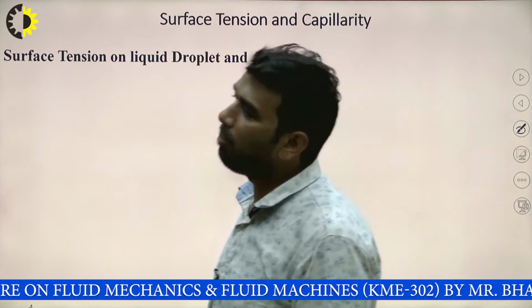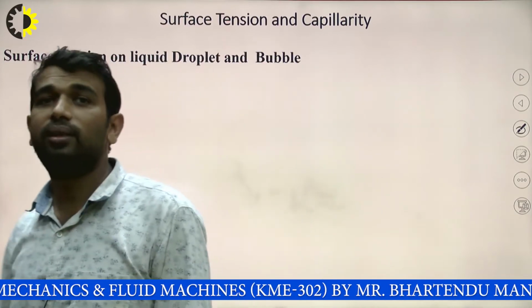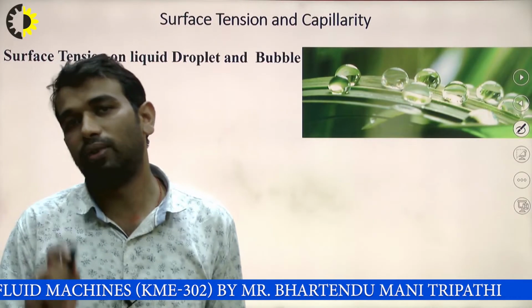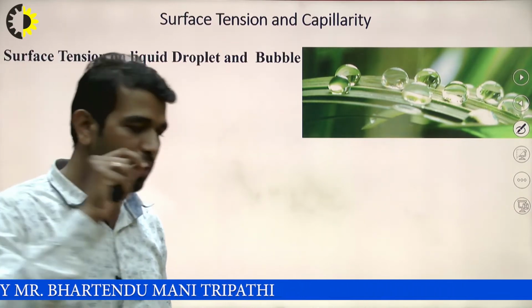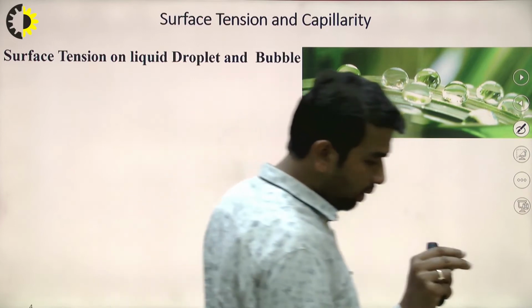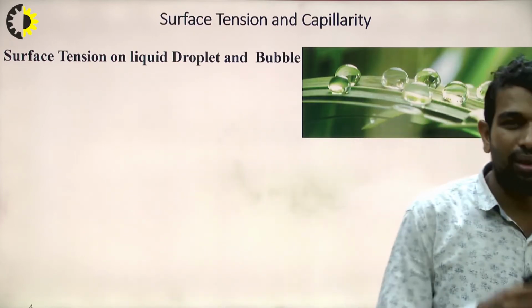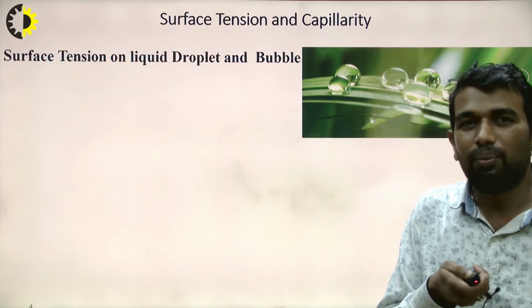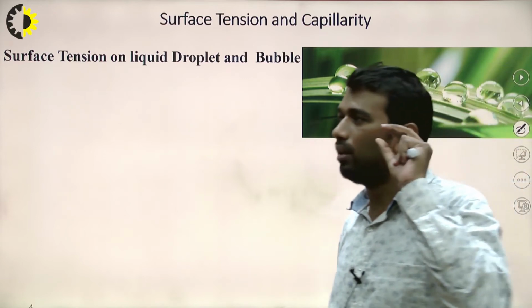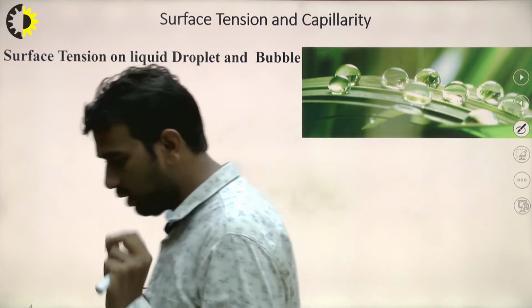Another example of surface tension: if you see such phenomena in nature itself, if you drop some liquid on the surface of a leaf of any tree, you will find a droplet of the fluid being formed.